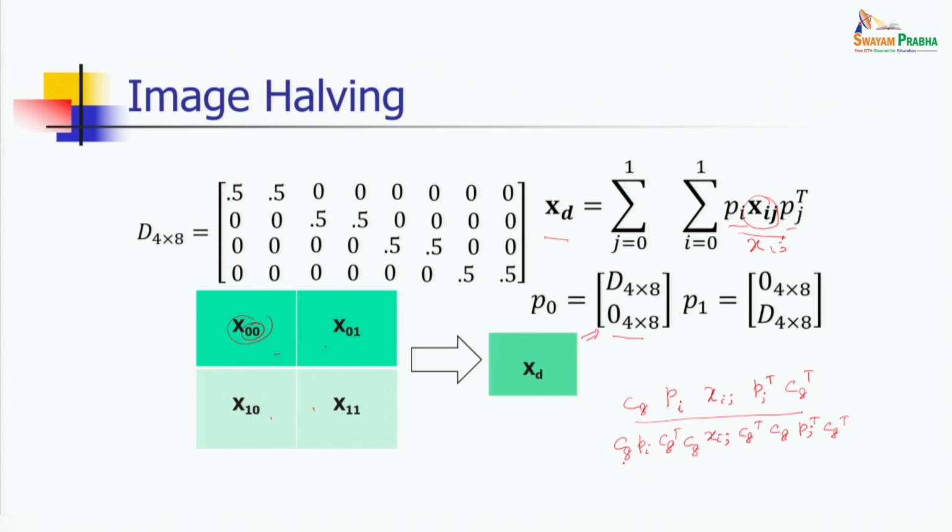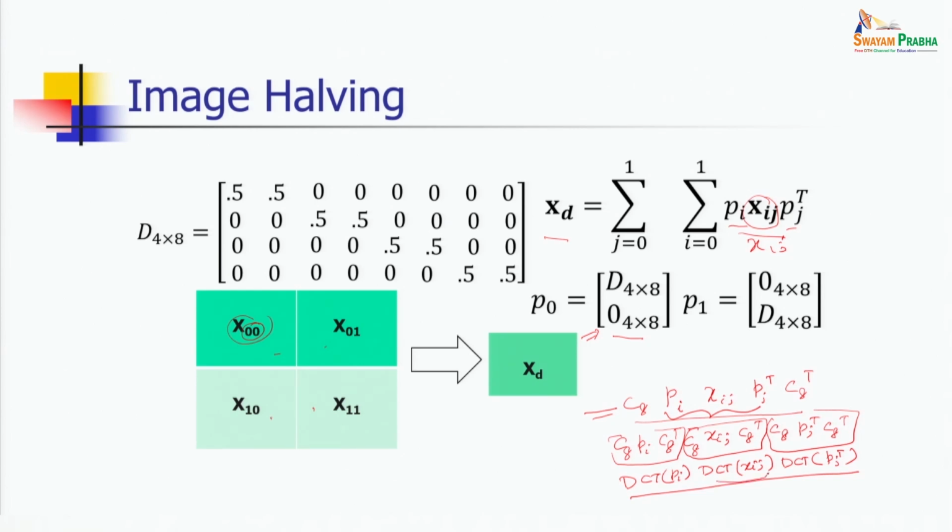So effectively, what is this? This is DCT of Pi, this is DCT of Xij, and this is DCT of Pj transpose. So these operations, which were spatial domain operations, their equivalent transform domain operations would be this.